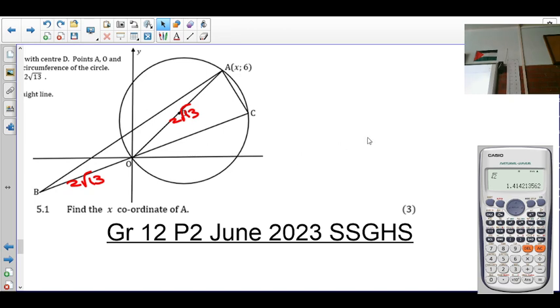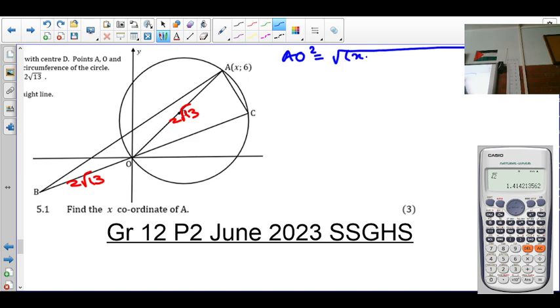Since we have the distance of AO, I'm going to go with the distance formula. So AO squared is equal to x minus 0 squared plus y minus, no, y is 6.